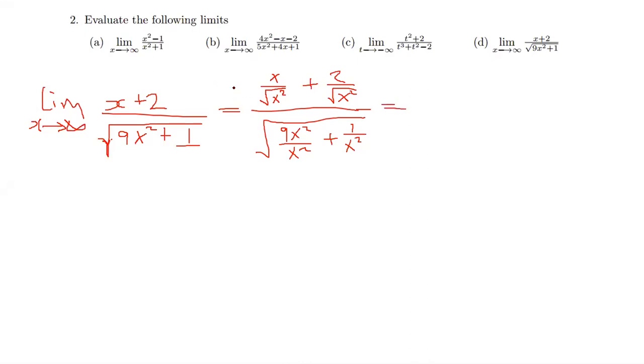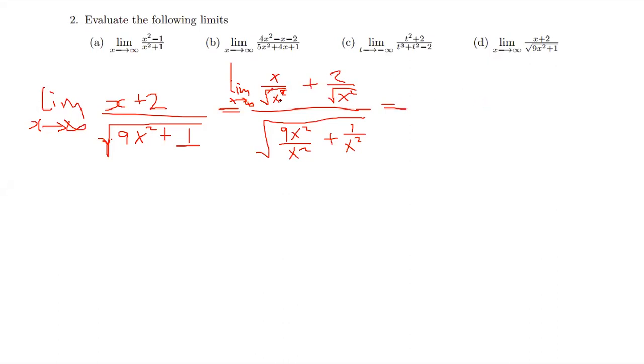So finding the limit of this when x approaches infinity will give you the following: the root and that x will cancel, and that squared will cancel.